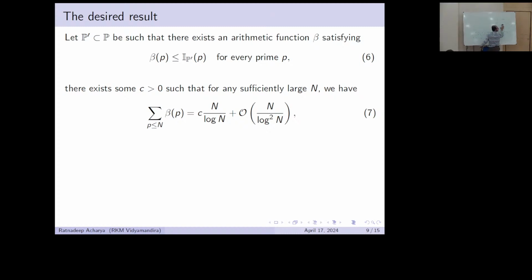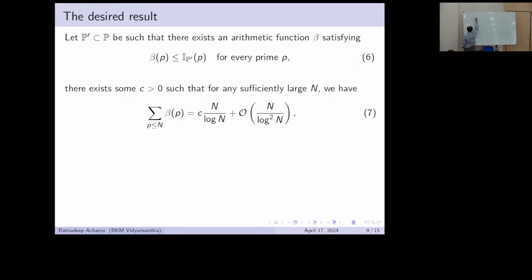So from the first one, I mean equation number 6, the characteristic function is an automatic choice for beta p, right? So it trivially satisfies 6. If we just put beta to be the characteristic function here, so what does that mean?